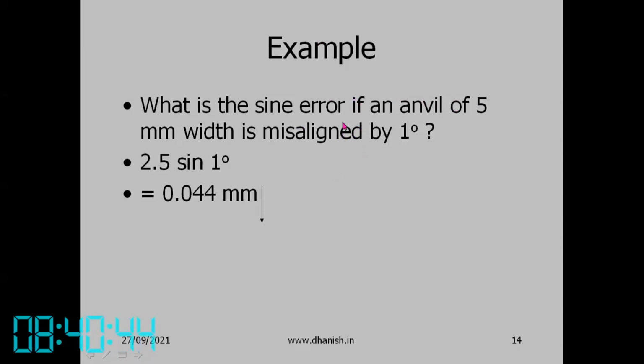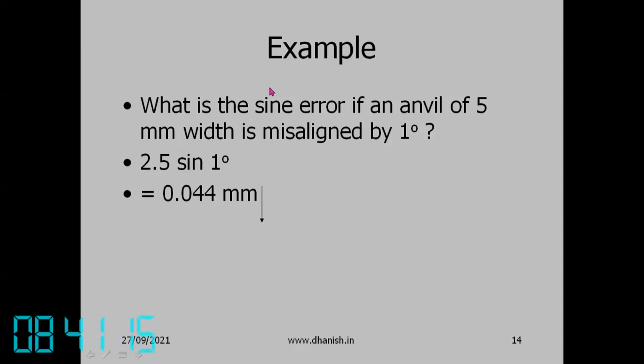So what do you see from the answer? How much was the cosine error in the previous problem? Around 3 microns. How much was the thermal expansion error for about 1 inch? Also about 3 microns.